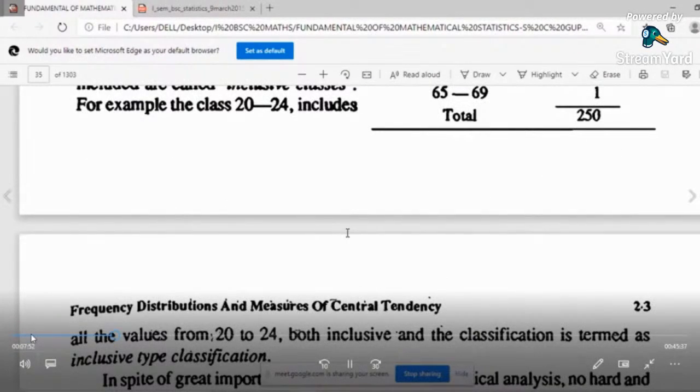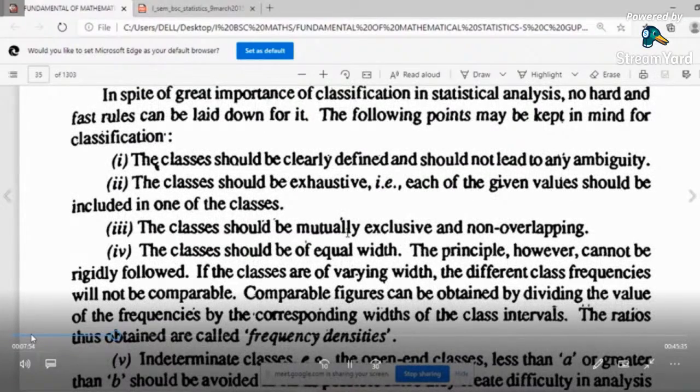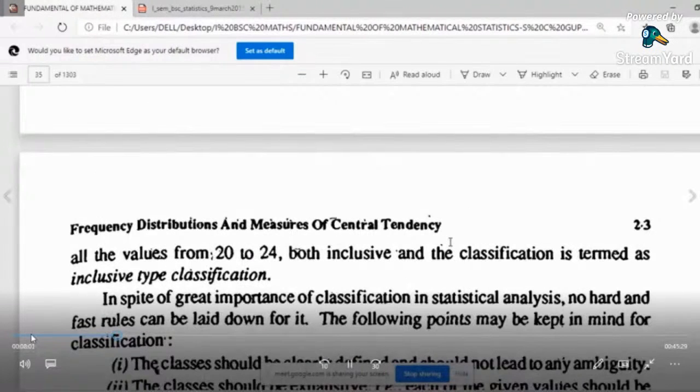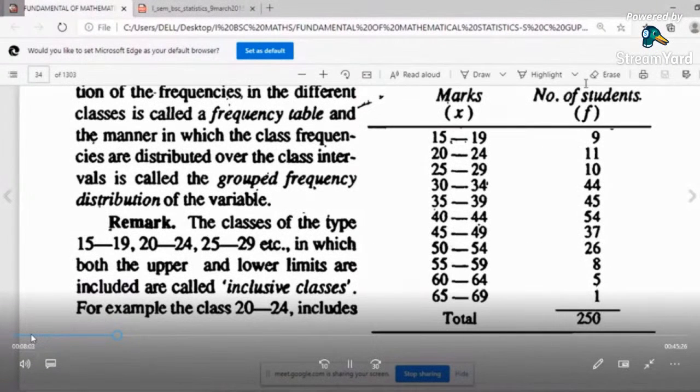That is meant by exhaustive. Another is that classes should be mutually exclusive and non-overlapping. If we pool these classes, we will get the entire region: 15 to 19, 20 to 24, 25 to 29, etc. These are all equally distant, and if we pool these classes, we get 15 to 69.